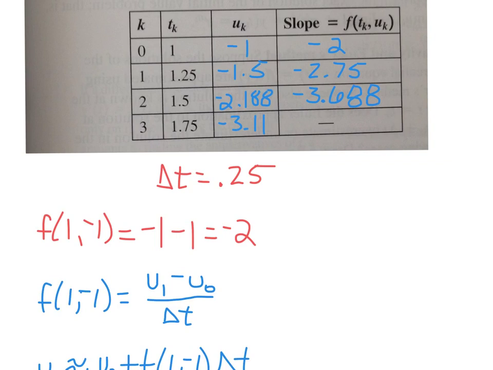We don't need this part of the chart anymore, because we would only use the slope here if we wanted to find the fourth step, or when k is 4. It depends on how you're looking at it, but we don't need this to compute the slope anymore.